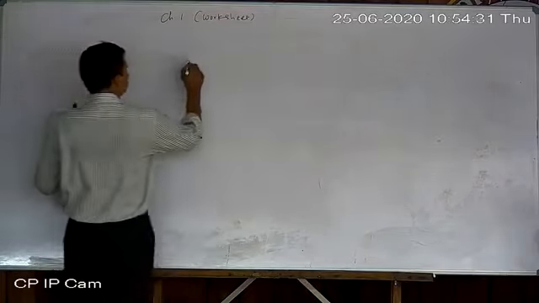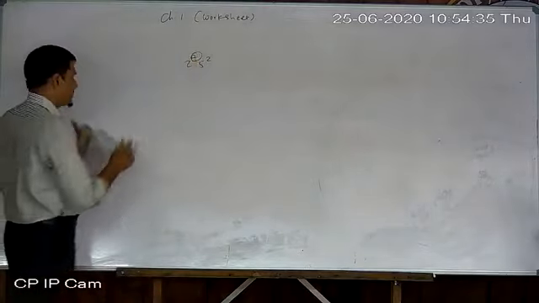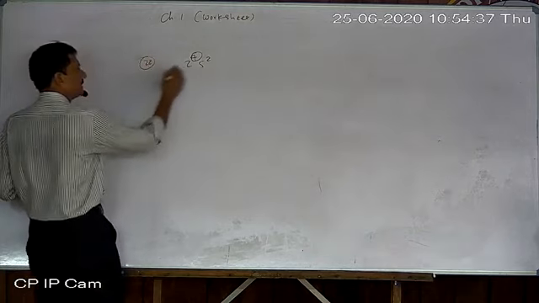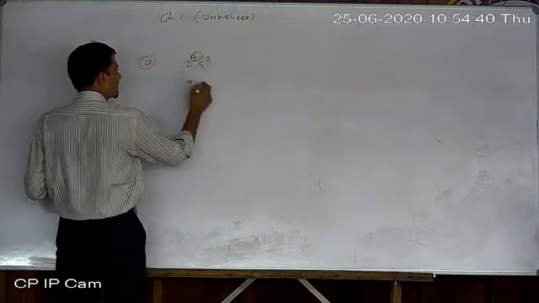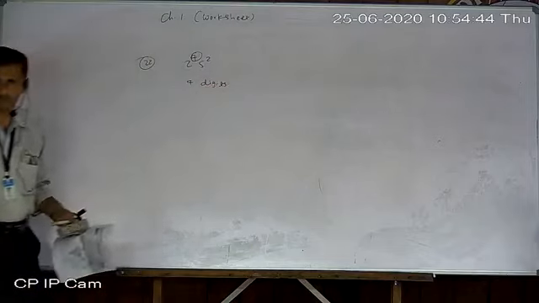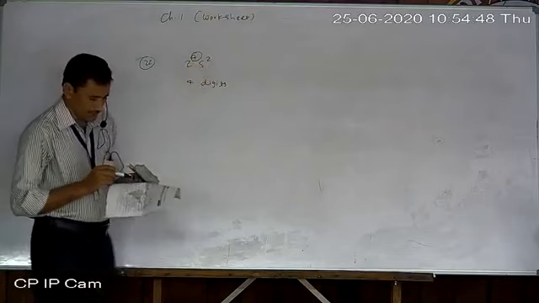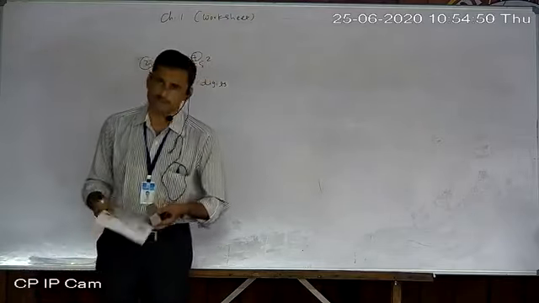So here the maximum degree is 2. I am talking about question number 22. After 4 digits, that decimal expansion will stop. By looking at the maximum degree of the prime factorization, you can give the answer.